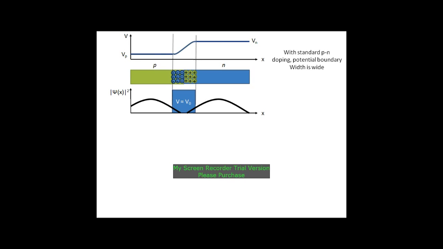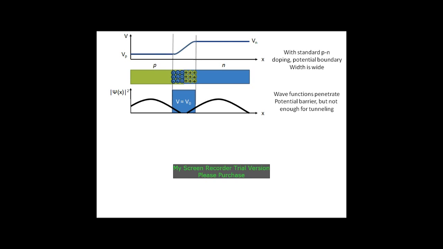And the depletion zone can be looked at as the potential barrier that blocks the electron from traveling across. Now, with a standard doping, this potential boundary is very wide. So even though the wave function is penetrating the wall, it's not allowed to cross.